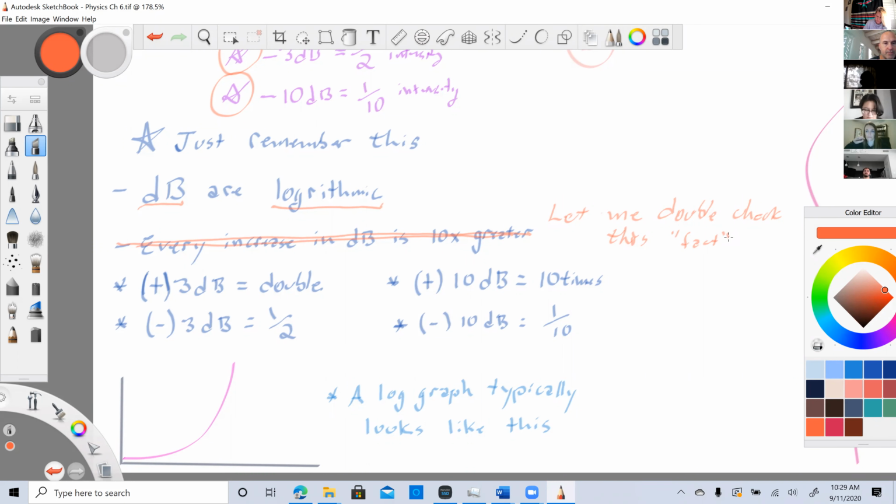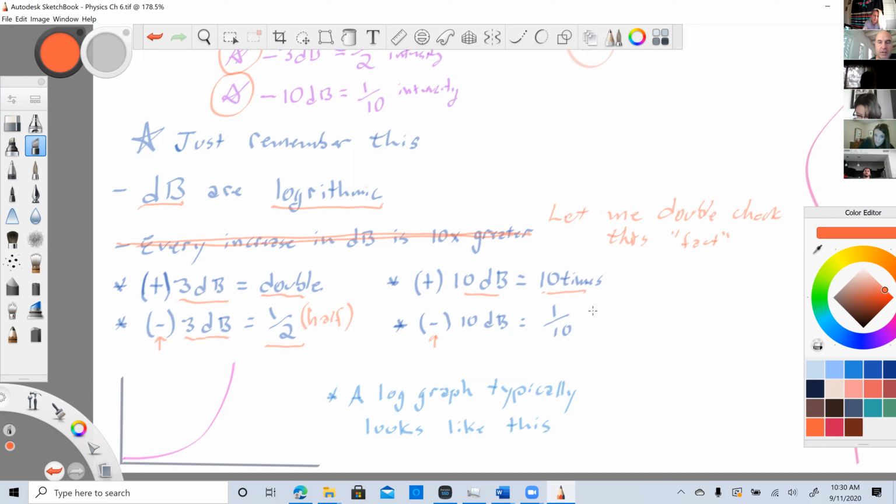Like we just said, a 3 decibel increase is a doubling. A 3 decibel decrease is a halving. A 10 decibel increase is 10 times. A reduction of 10 decibels is 1/10 the original.